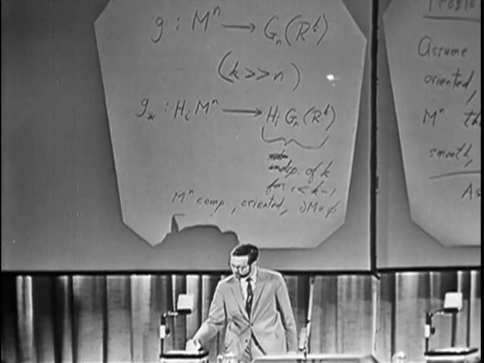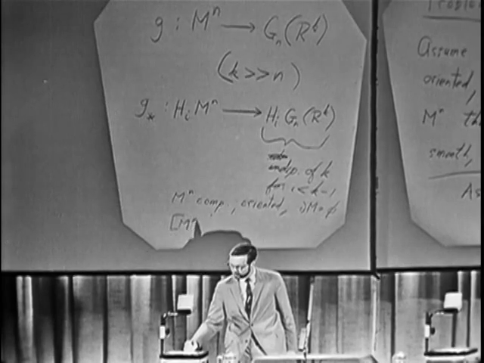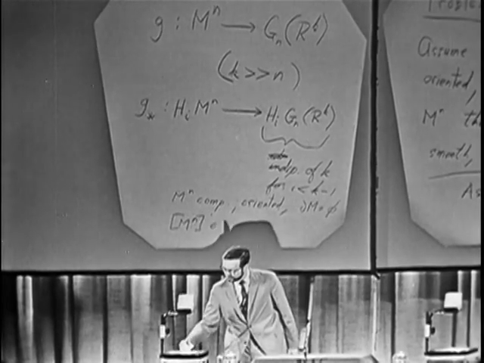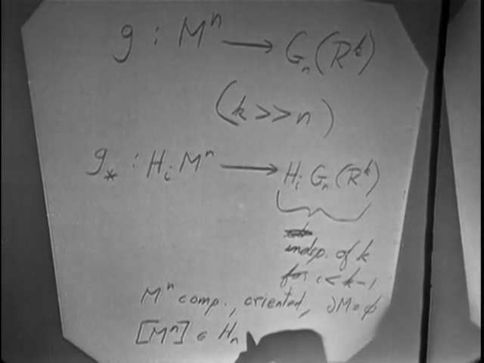Then there's something which I'll write in this way. Bracket M^n, called the fundamental class, is an n-dimensional homology class.